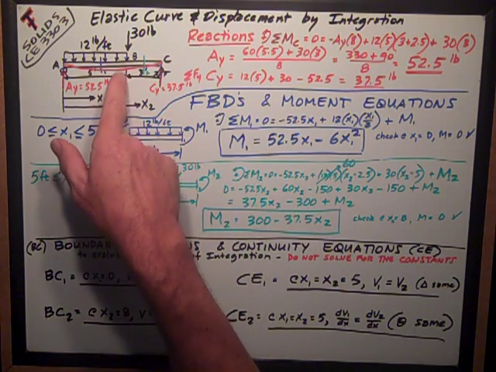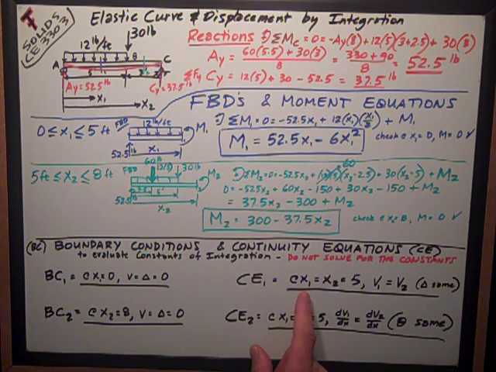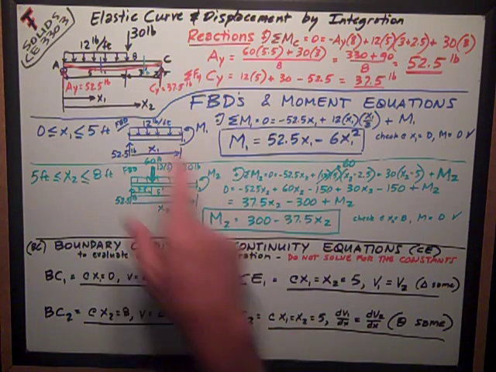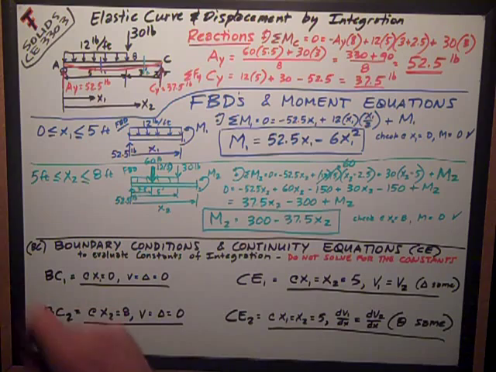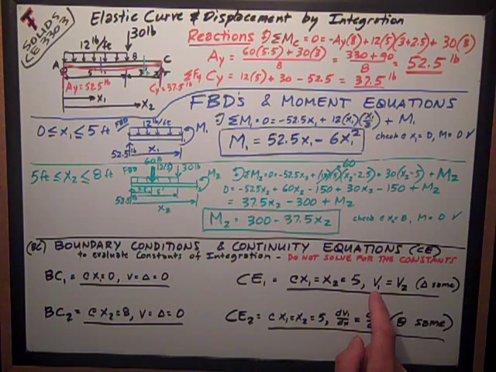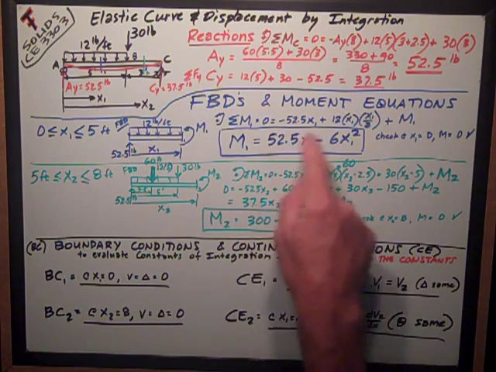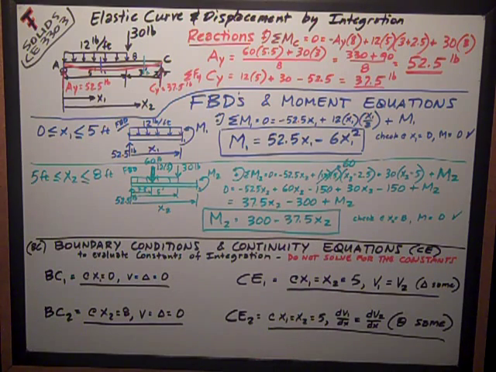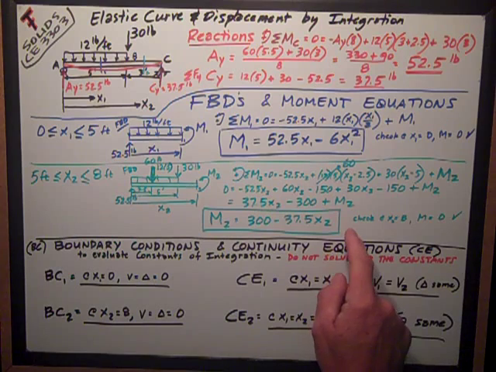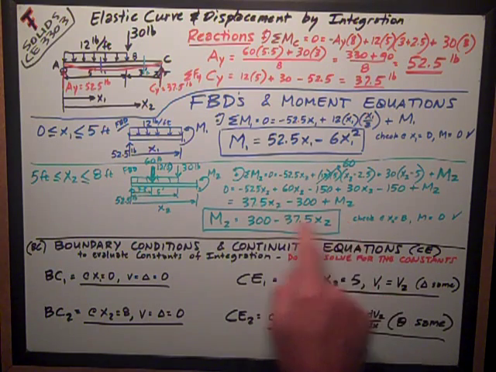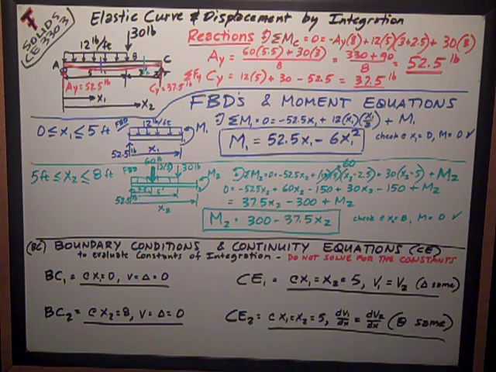And so at that point where x1 equals x2 equals 5, at 5 feet from the left end, my deflection from equation 1 that I derived from moment 1 is going to be equal to the deflection that I derive from the moment 2 equation.